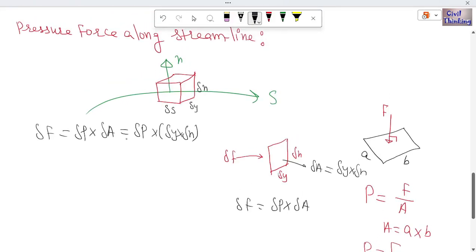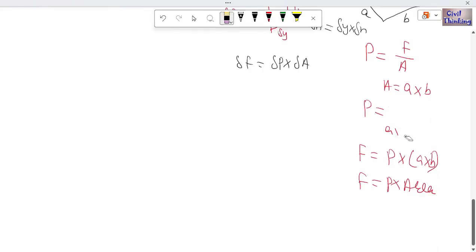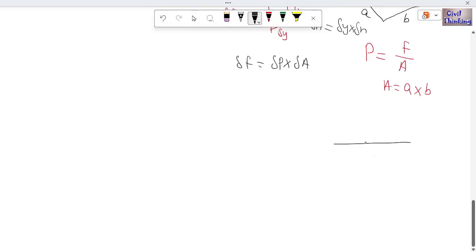But what is the sign of this delta P? Now again let me erase this. Let me show you here. Let us say we have this fluid particle, and it is moving from A to B. If a particle is moving from A to B, it means pressure at A is greater than pressure at B, because when pressure is more on one side, it pushes a body toward lower pressure.